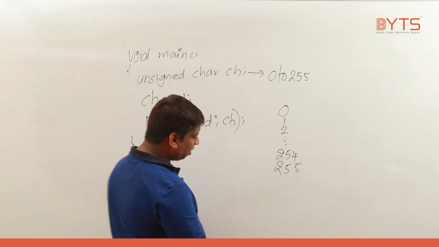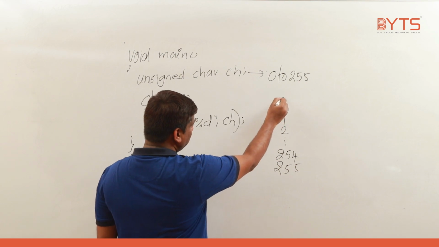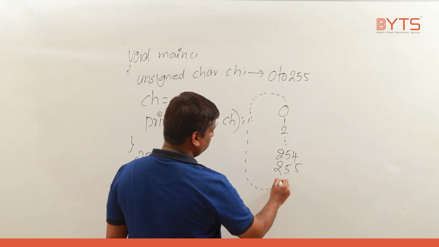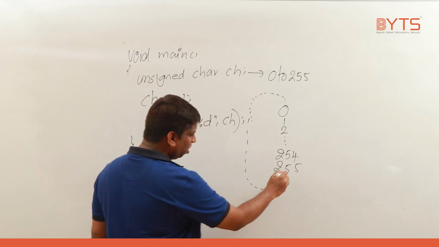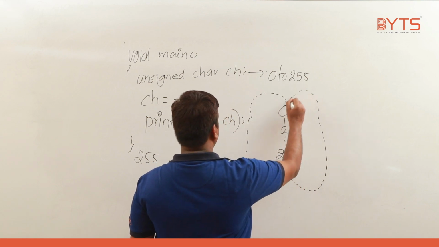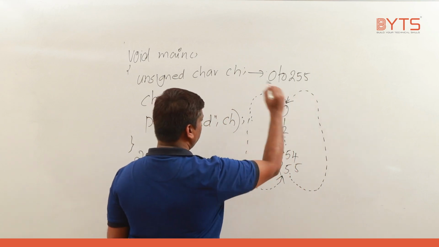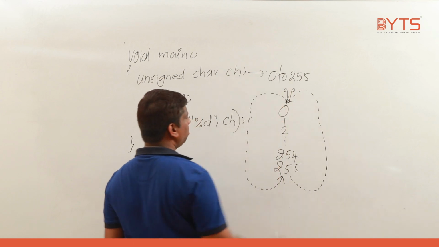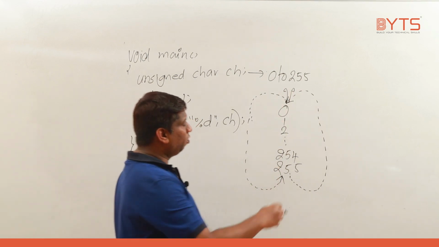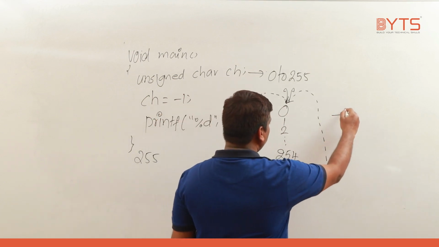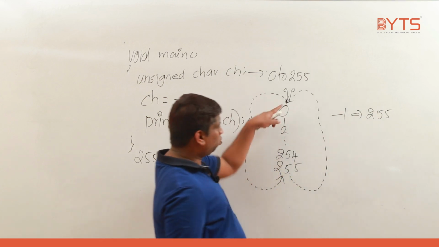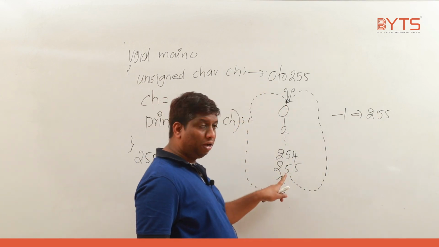If I cross one value less, I need to come in this direction. That's what we discussed earlier also. Just for our representation purpose, I am calling this a butterfly diagram. If the programmer gives the input as minus 1, the output will be 255, because it is one value less. So I came here and picked this value.